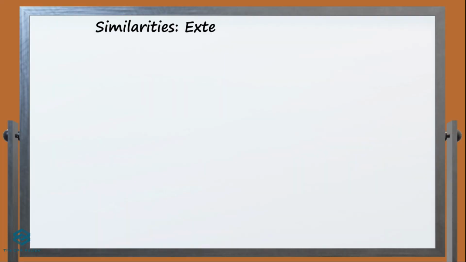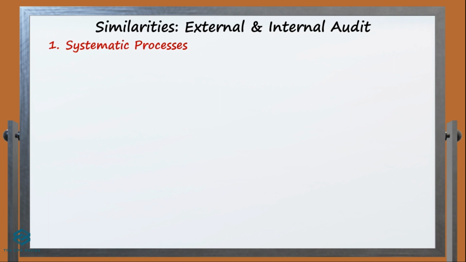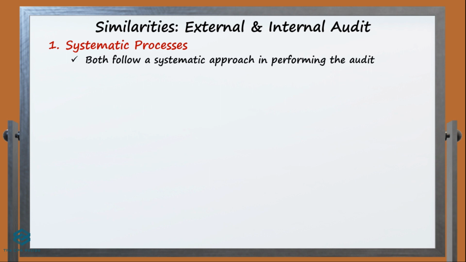Now bro, before we discuss the differences between external and internal audit, pag-usapan muna natin kung ano ba ang similarities ng dalawang ito. Both external and internal audit possess the characteristics described in the previous episode. Namely, first, both are systematic processes. So meaning bro, both external and internal audit follow a systematic approach on how to perform the audit.